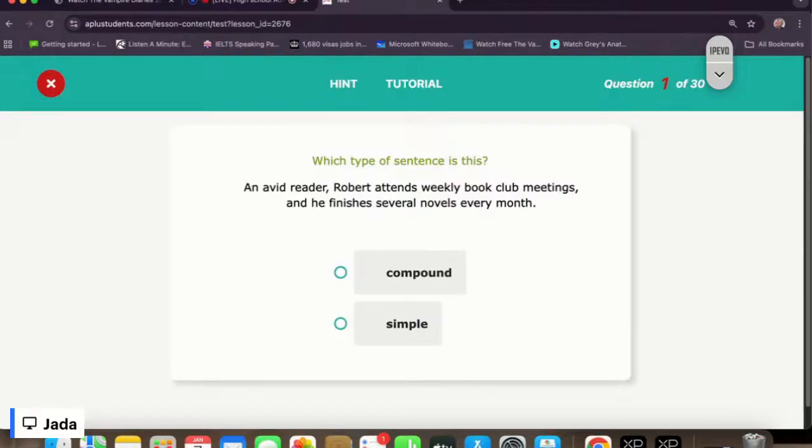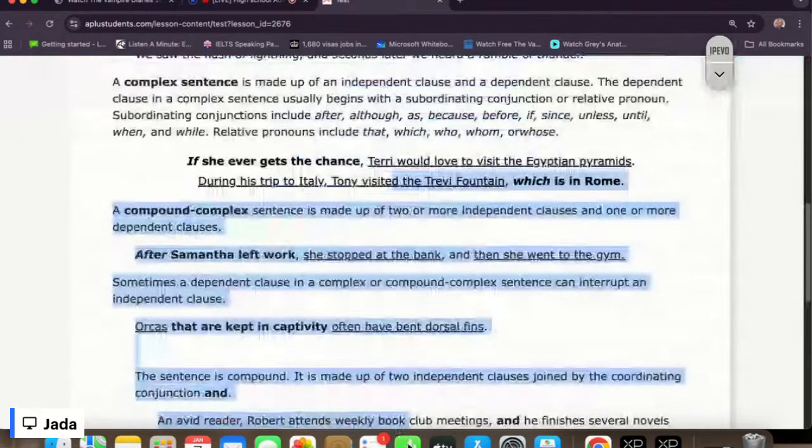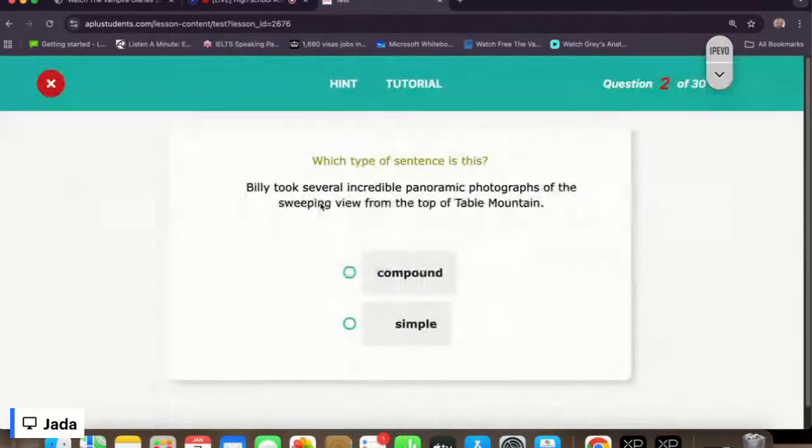Okay, we have simple. Okay, so compound, okay? So: Billy took several incredible panoramic photographs of the sweeping view from the top of Table Mountain. First to second.